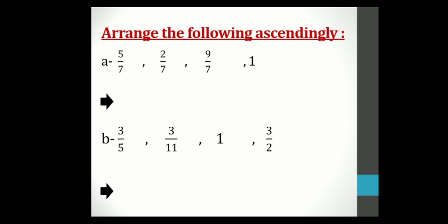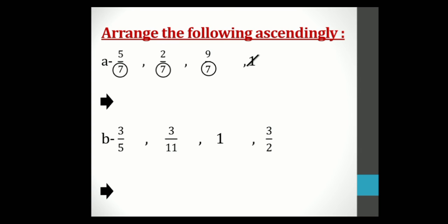Now, he asked us to arrange the following in ascending order. First example, we have 5 over 7 and 2 over 7, 9 over 7 and 1. Now, we have the same denominator, all of them is 7. But we have 1 as a whole number, so I can write 1 as any number over itself.